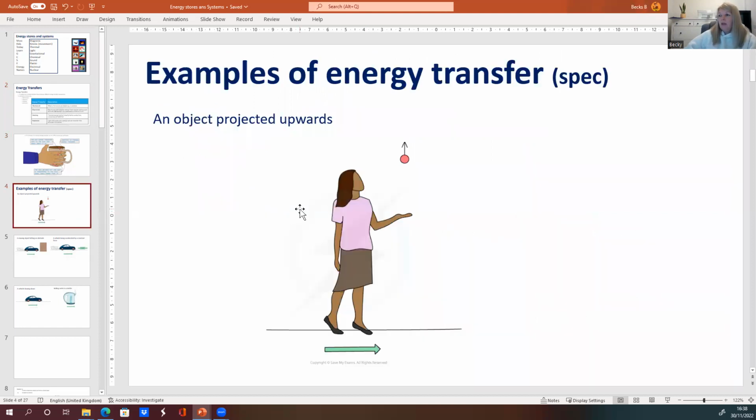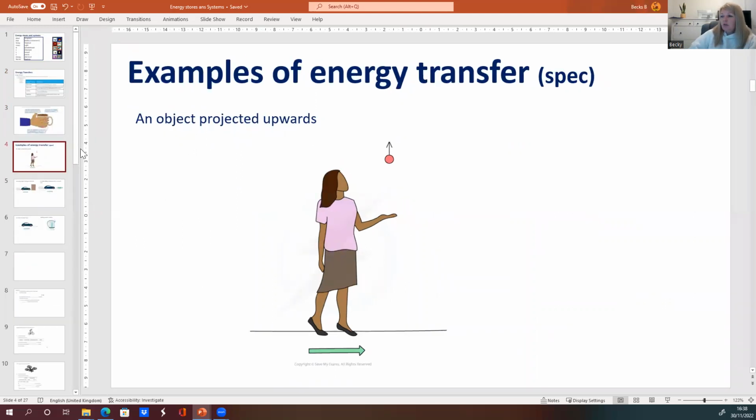Okay, so objects that are projected upwards. To throw that ball up, there would be kinetic energy. As the ball has reached the highest point, it will be gravitational.